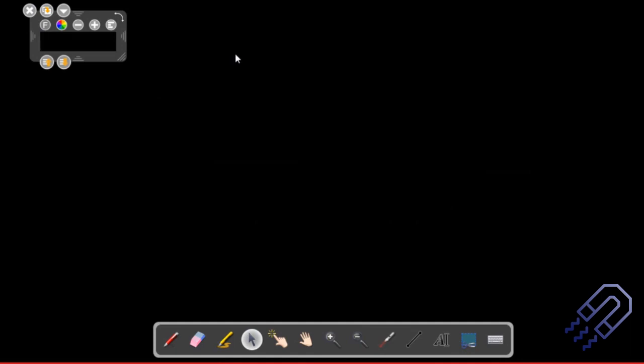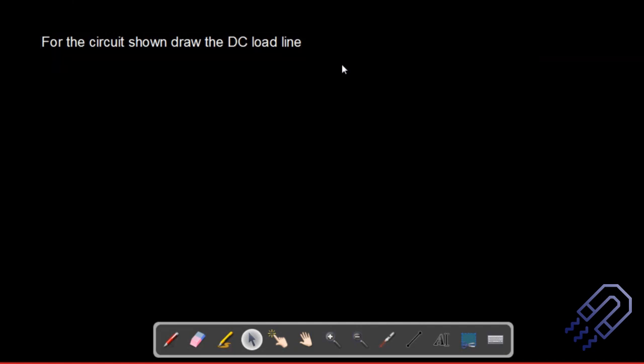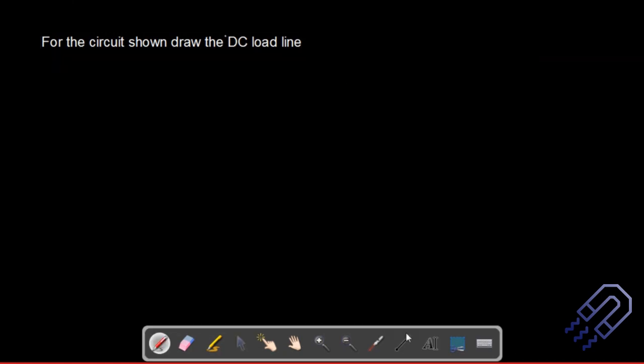Sometimes some values and circuit diagrams will be given, and based on this, you have to draw the DC load line. So we are just concentrating on the DC load line. The typical question might be: for the circuit shown, draw the DC load line. I'm going to draw a circuit.